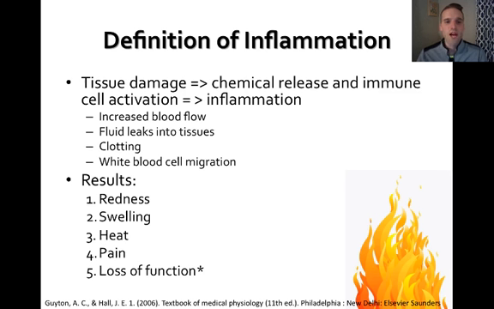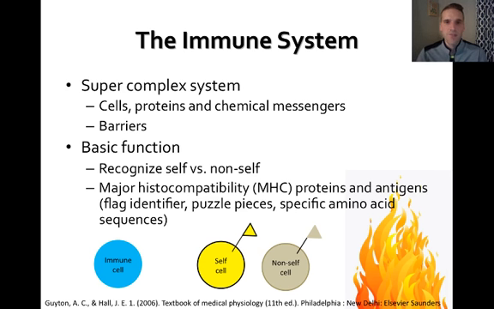There's also going to be clotting, which is going to wall the area off so that it's less susceptible to further injury and infection. And there's going to be a large migration of white blood cells coming to that area, coming in on that increased blood flow. Those white blood cells, as we'll talk about in a little bit more detail in a few slides, are really the active components of our immune system, circulating throughout the body constantly.